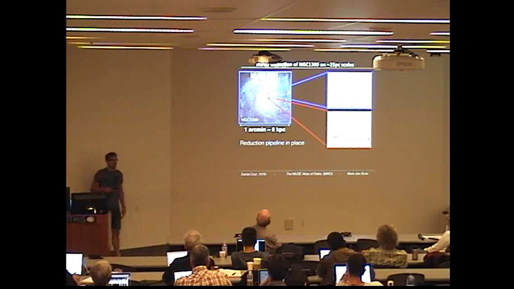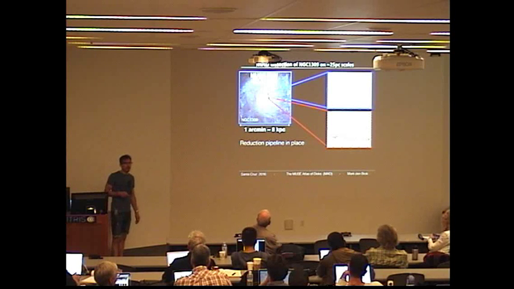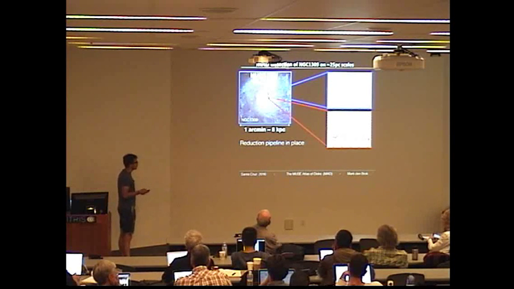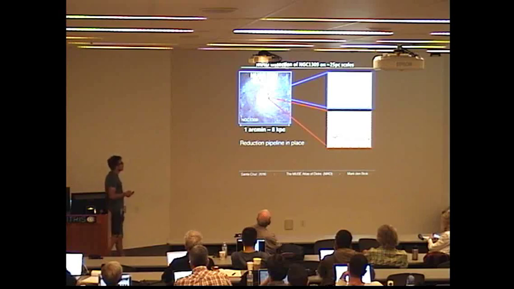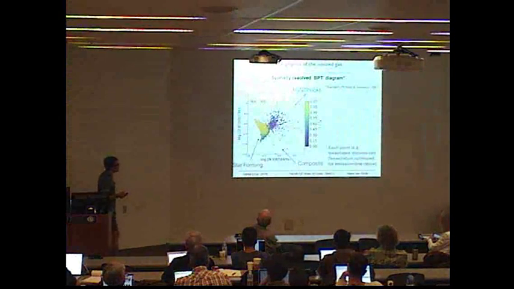We have a reduction pipeline in place. We have reduced the 25 galaxies so far. We also have a lot of analysis tools for determining emission line physics and determining the star formation histories of the galaxies. Let me now tell you something about the ionized gas.